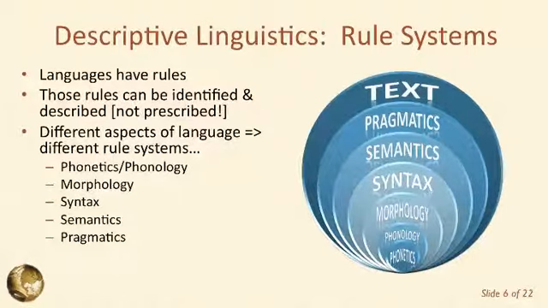Prescriptive linguistics has to deal with rules that should be followed. In other words, talking about language use in society today and use of expressions that are not standard for the language. We'll be talking about that a little bit more later on.